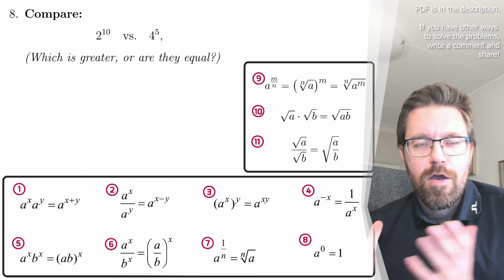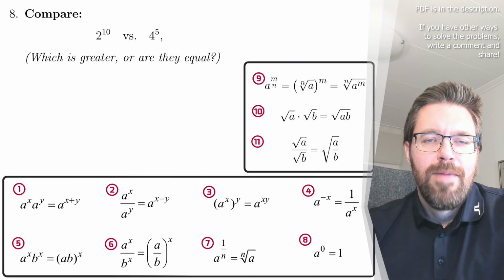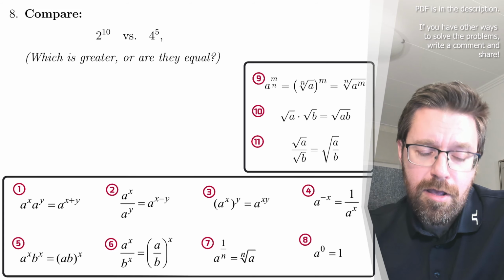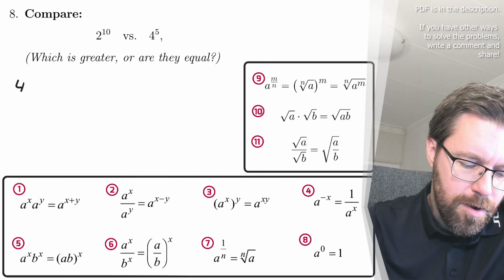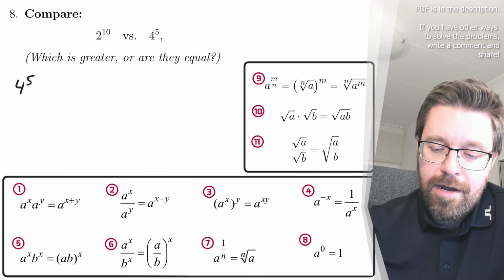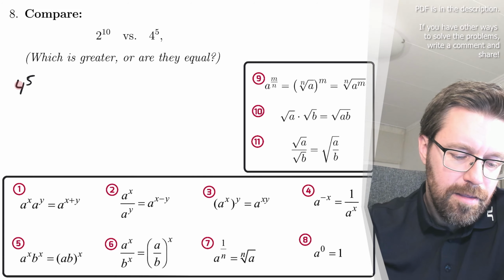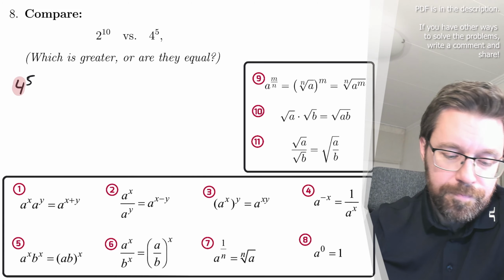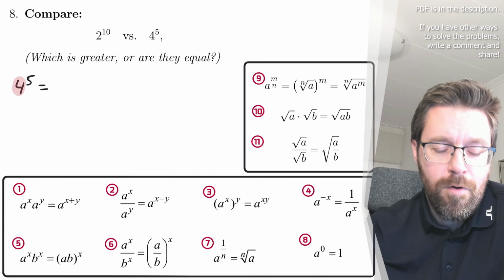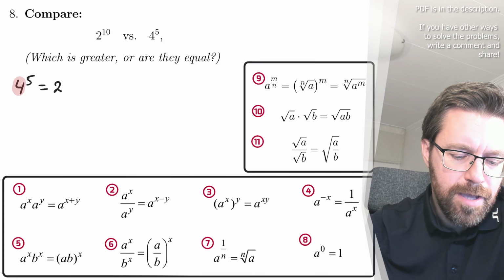So I take one of these and try to make the base the same or the exponent the same. I will start with 4 raised by 5, and I will try to rewrite this base here to the base number 2. And I know that 4 equals 2 raised by 2.